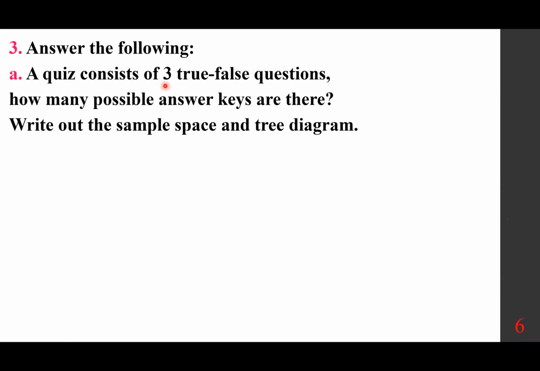A quiz consists of 3 true-false questions. How many possible answer keys are there? Write out the sample space and the tree diagram. Well, here's the formula I want to tell you. n of S, S is the sample space, is the number of outcomes per stage raised to the power of number of stages.